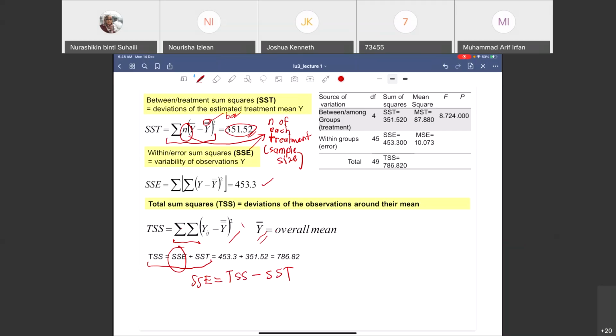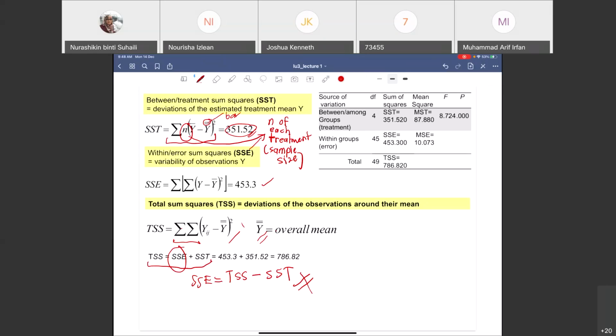It's very interrelated: TSS will influence the value of SSE, and SST will influence the value of SSE. So you cannot make a mistake if you want to get the right answer at the end.